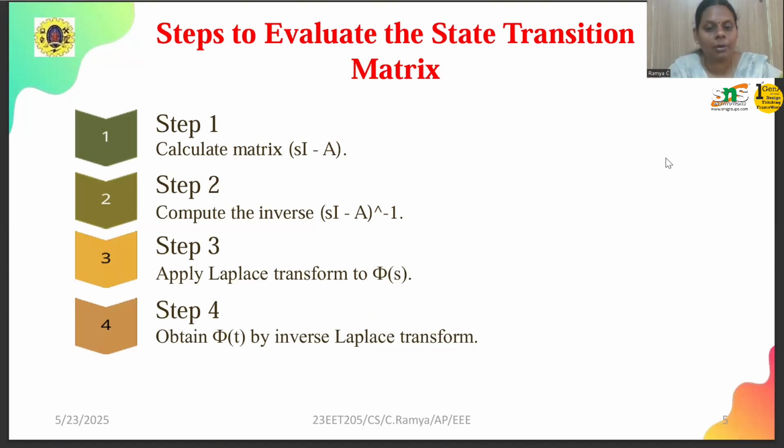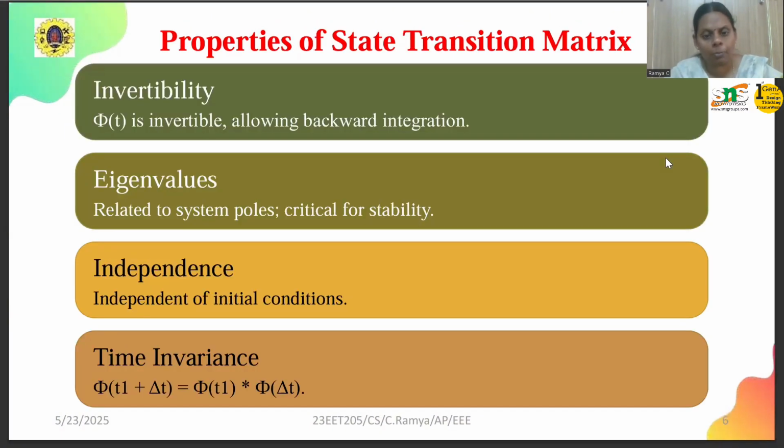This process provides us the time domain behavior of the system from its matrix model. For simpler matrices, we can use the series expansion as well as diagonalization as alternative methods. Next, we are going to see the properties of the state transition matrix.